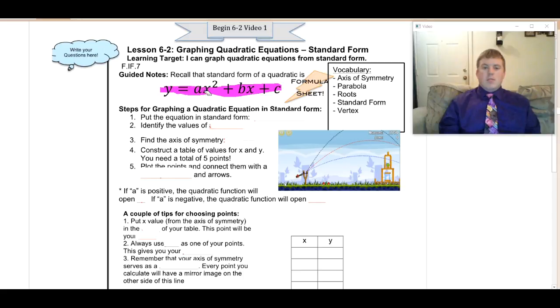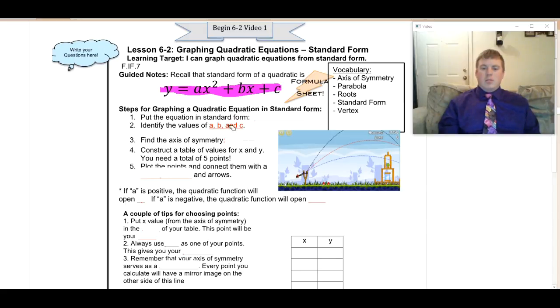So the first thing you're going to need to do is put the equation in standard form. You'll need to get all the terms on the same side of the equation. You need it to be ax squared plus bx plus c. The next thing is to identify the values of a, b, and c. We got practice with this in lesson 6-1 because we needed those three values to plug into the quadratic formula.